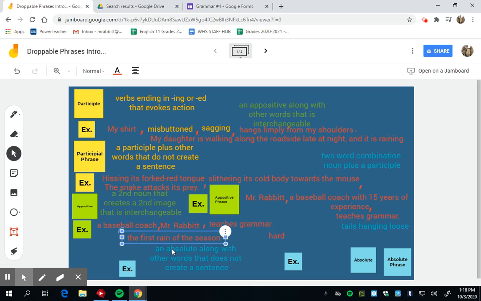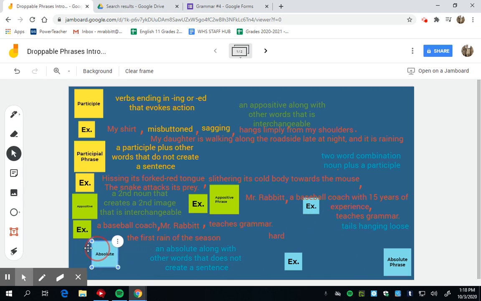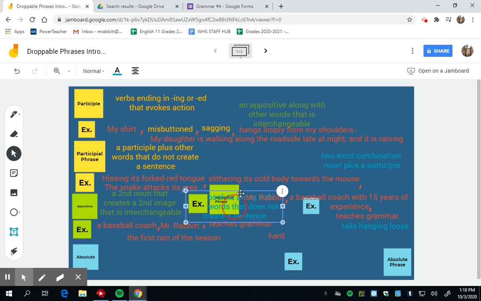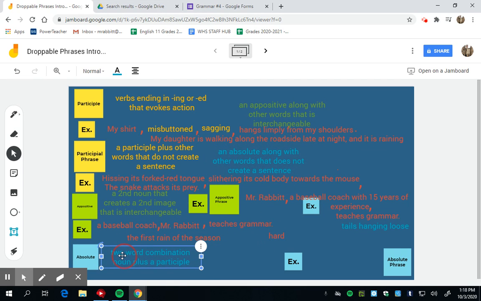So now let's talk about the last one, which I think is the hardest one to ever create, okay? So if I take this, an absolute is best known as a two-word combination, a noun plus a participle.